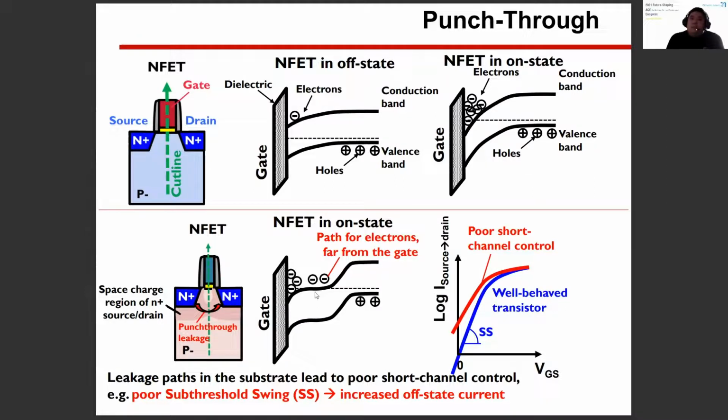This means the virtual channel, even if we don't apply the plus voltage to the gate, has a higher possibility of leaking current than in the body. With this, the punch-through effect makes the subthreshold swing much worse than in long enough channel devices.